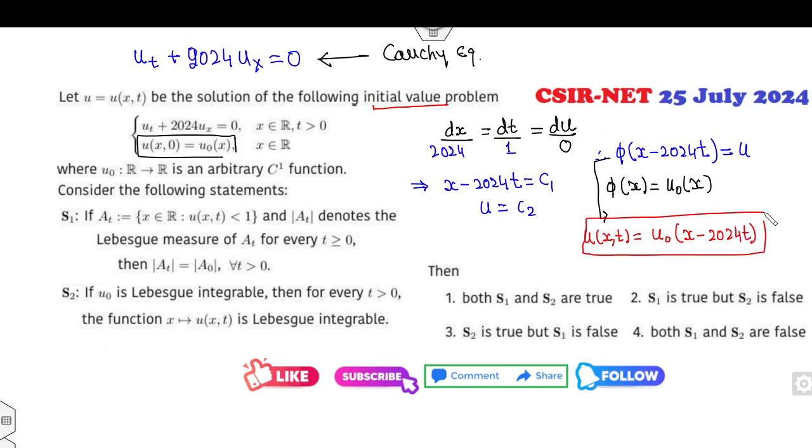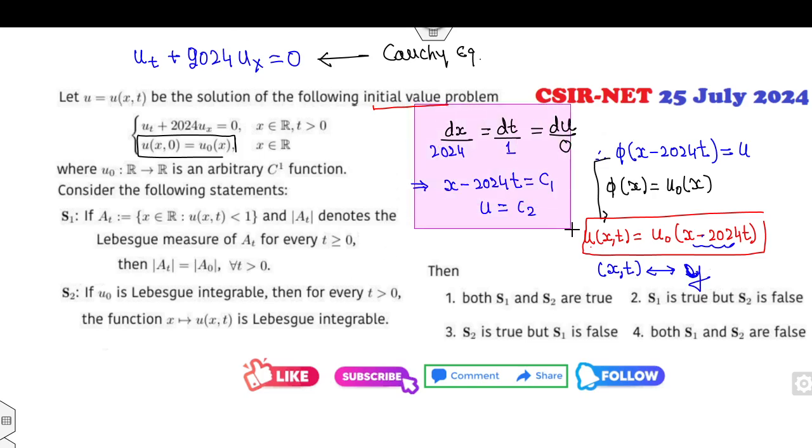Fine. That means the behavior of u and u0 is similar, or you can say this function of x comma t is mapped onto a single variable. A two-tuple is mapped onto the single one.